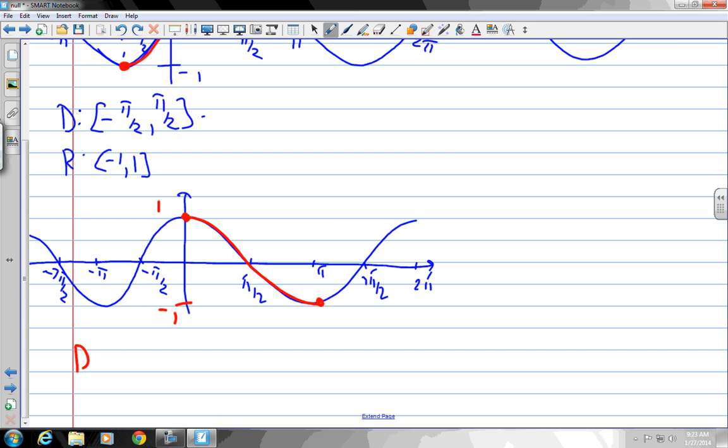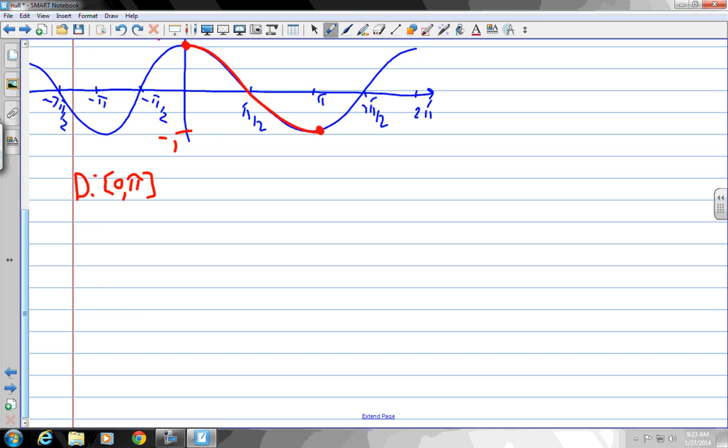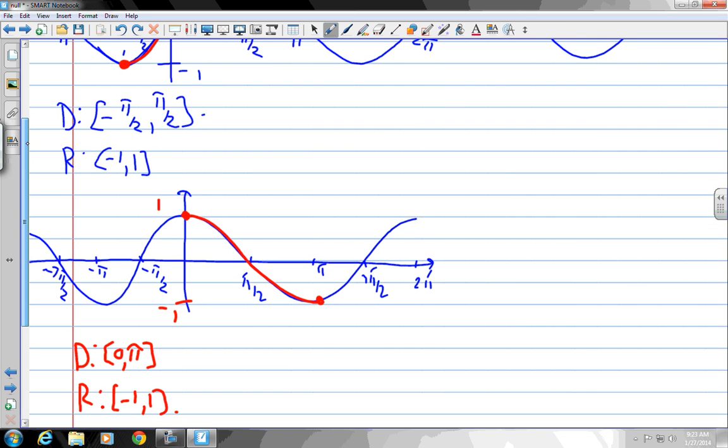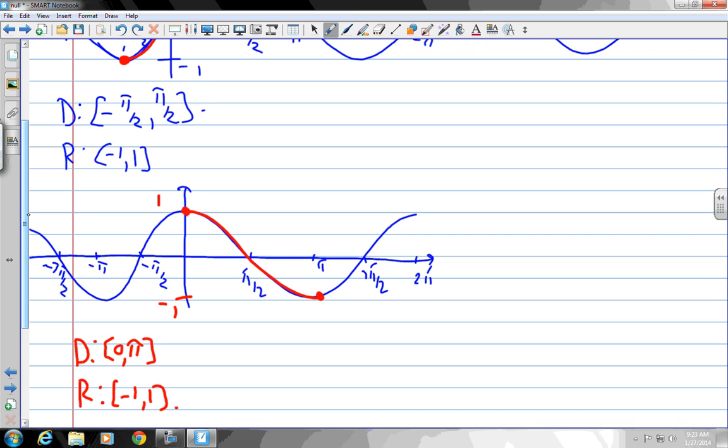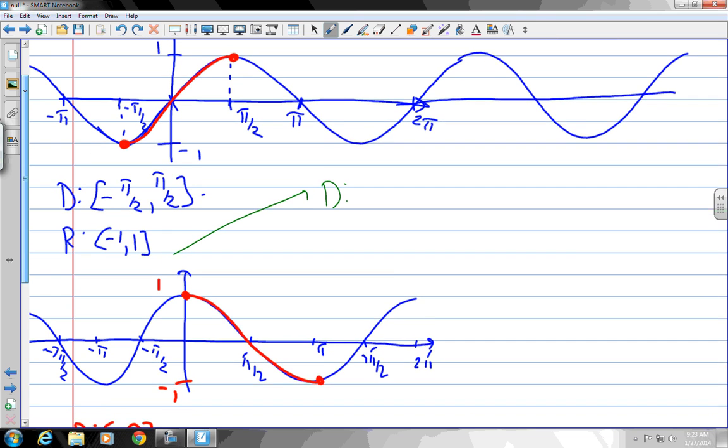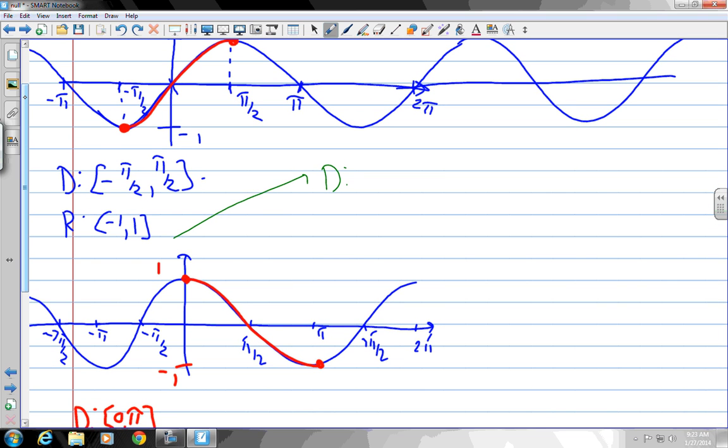So the domain here was from 0 to pi, and the range was from -1 to 1. We had to do that first in order to even start looking for the inverses of these functions. But those inverses now exist. So what is the domain of the inverse of that first function? After you restrict the domain, what is the domain of that inverse now?